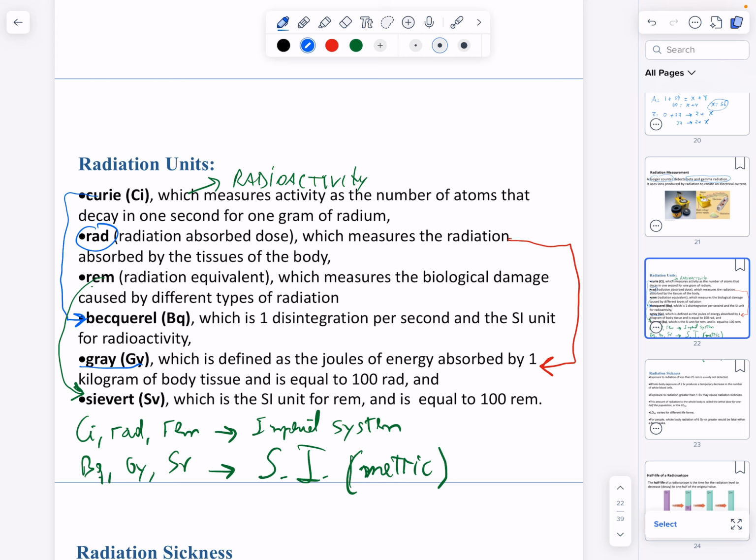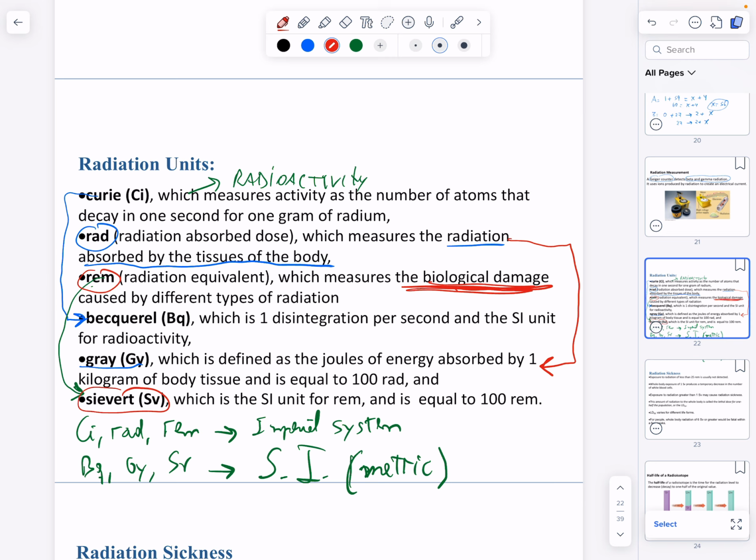Now, what the rem, the rad, and the gray measure. The rad measures the radiation absorbed by the tissue of the body. That means you were already exposed, you didn't know that place had radioactivity. Now they are going to measure how much radiation is in your tissues, and that is going to be in rad or gray units. And finally, the rem and the sievert measure the biological damage.